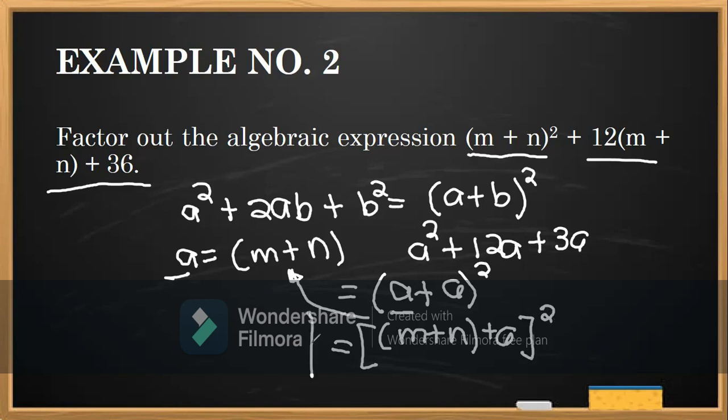So this is the answer for this problem. Okay, so if you want to verify if this factor is the factor of the given, use special brackets. Okay, so questions with this example.